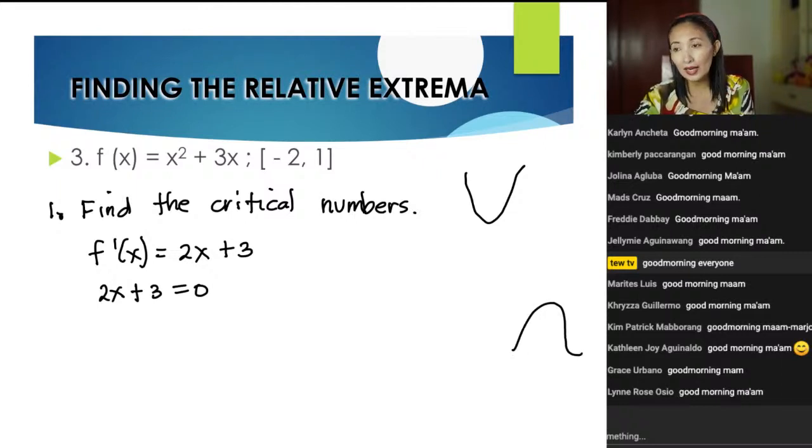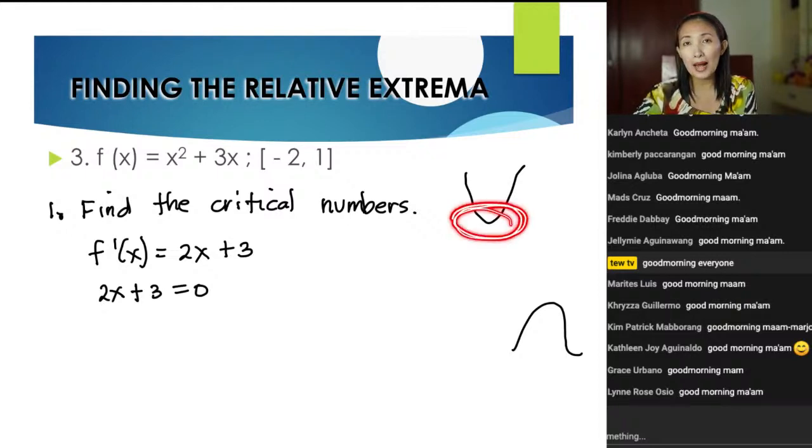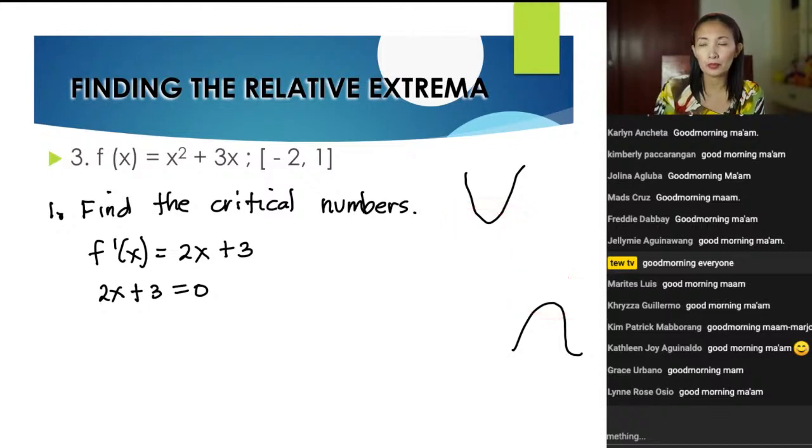The given is quadratic, x squared plus 3x, so expect that there is only one critical number. In this case, 2x equals -3, x is equal to -3/2, or -1.5.